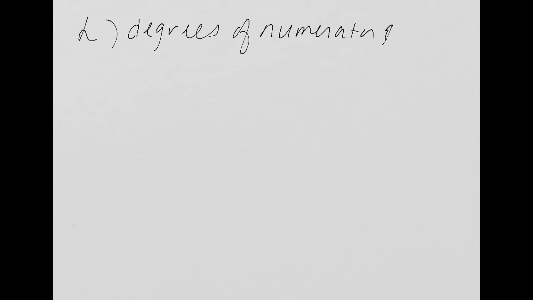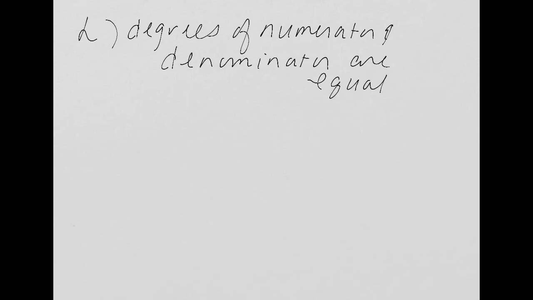So part H is asking about the degrees of the numerator and the denominator, and they're the same. So I'll write that, and we could answer this question either in the original form. I'll just rewrite what we had.